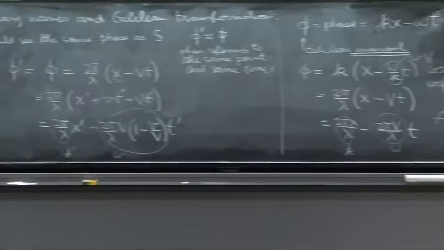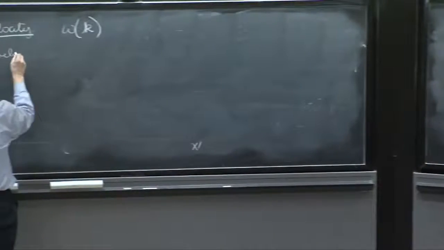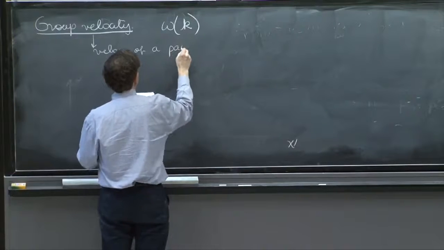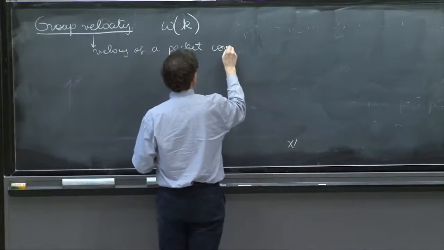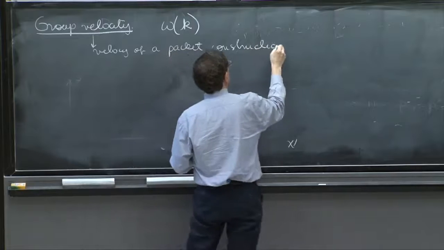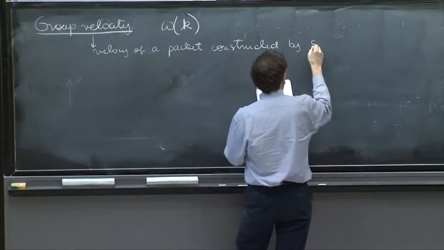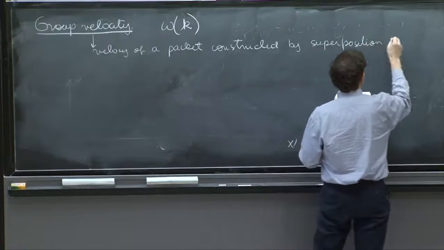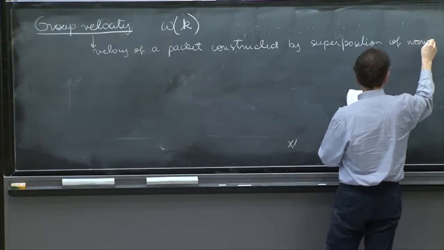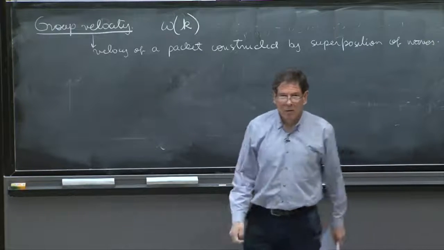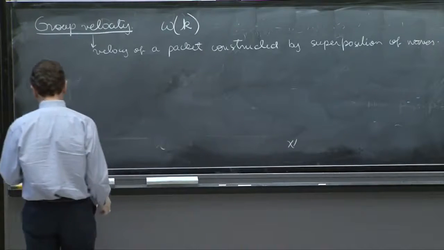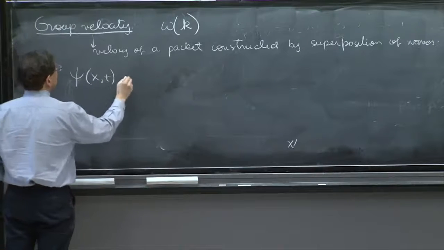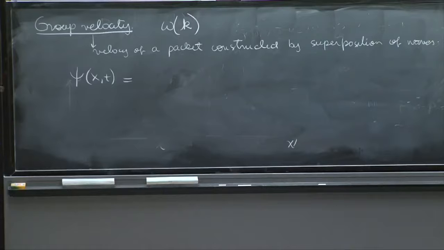And the group velocity is the velocity of a wave packet constructed by superposition of waves. All right, so let's do this here. Let's write a wave packet, psi of x and t, going to be done by superposing waves.